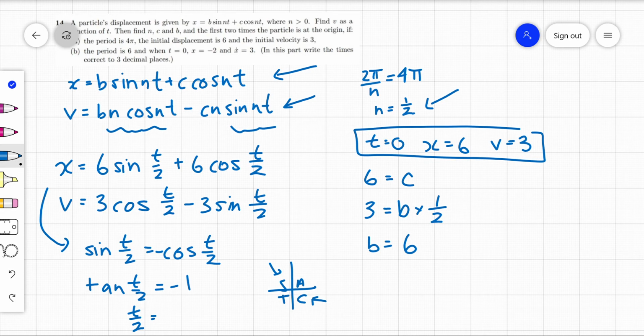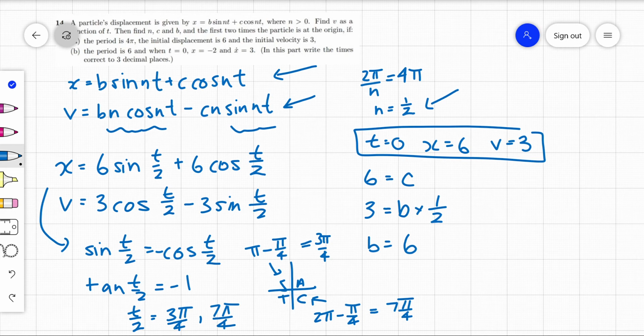So you know tan pi on 4 is 1, so we can look at this quadrant, which is pi minus pi on 4, and this quadrant, which is 2 pi minus pi on 4. So we're looking at these two angles here, 3 pi on 4 and 7 pi on 4.